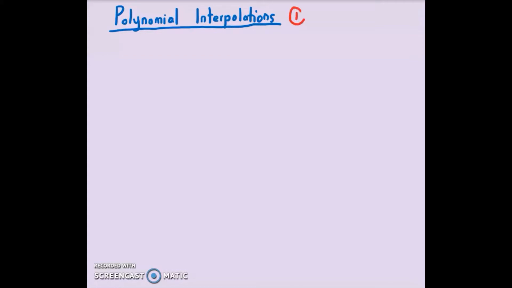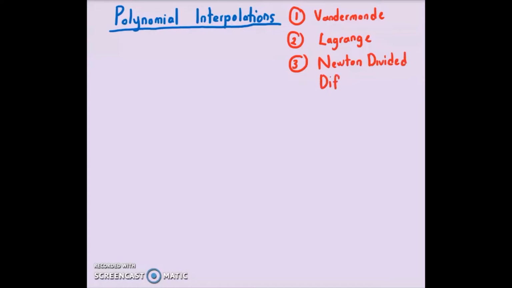We have the Vandermonde approach, the Lagrange approach, and the third one is the Newton divided difference, also known as NDD.